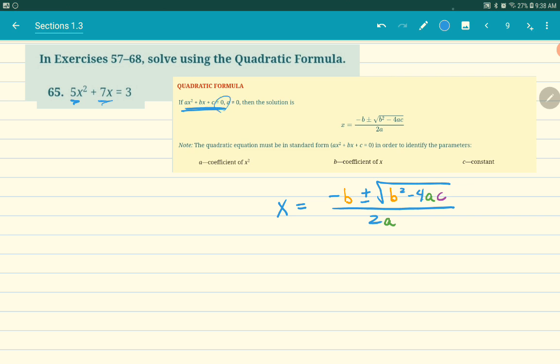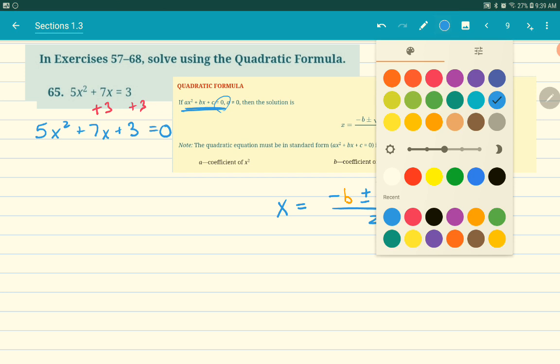That is not done. So I do need to add 3 to both sides of this equation, so I set it equal to 0. So I get this in standard form and equal to 0.